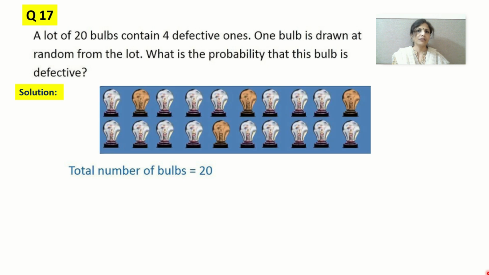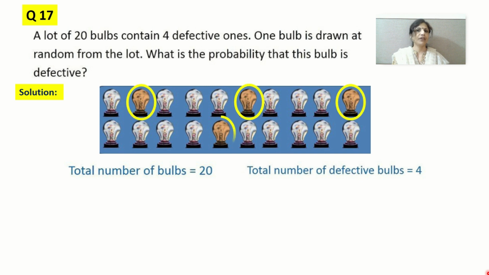So 20 bulbs, let's mark the defective bulbs first, because we are given that there are 4 defective bulbs. So 1, 2, 3 and 4, these are the 4 defective bulbs. We are asked what is the probability that the bulb is defective when you take out one bulb at random.